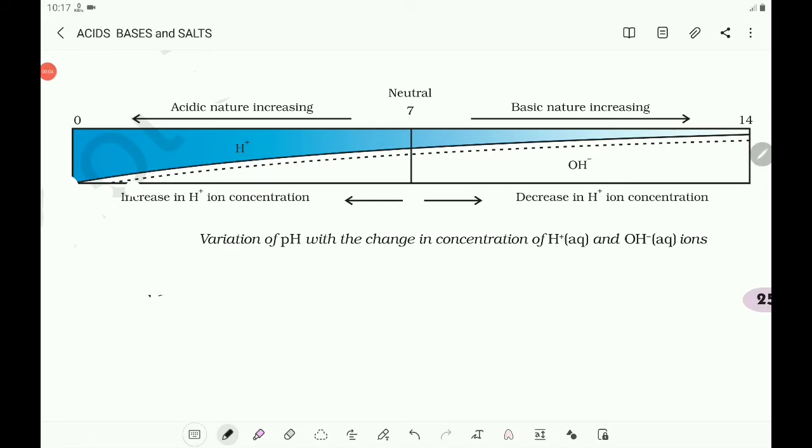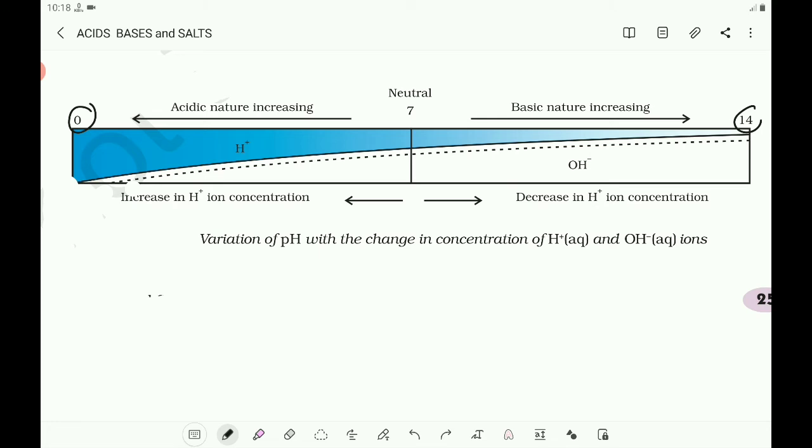It starts from 0 to 14, and in the middle there is 7. If the pH value is 7, then it is neither acidic nor basic, it is a neutral solution.